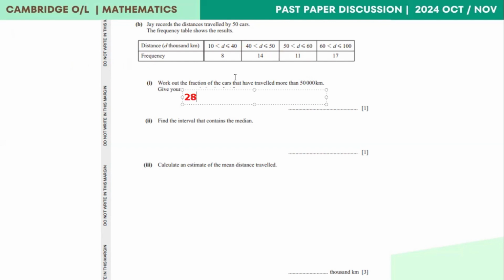The total is 50. If we want to write this in the simplest form, we can divide this fraction by 2. 28 divided by 2 is 14, 50 divided by 2 is 25. So that's our final answer.